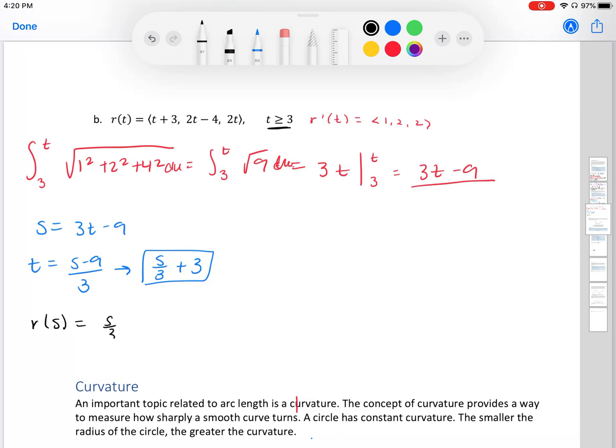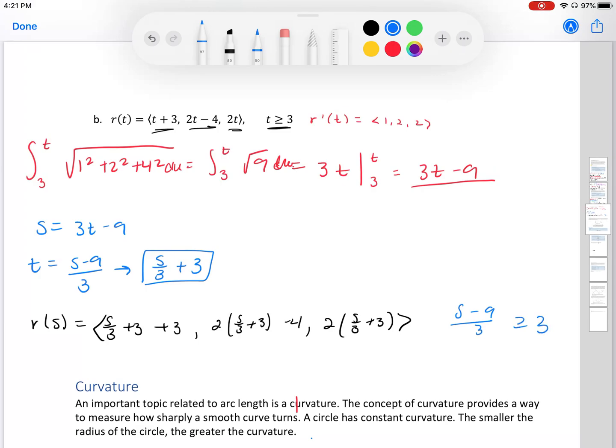So I have s over 3 plus 3 plus 3, then 2 times s over 3 plus 3 minus 4, and then next we have 2t, so we have 2 times s over 3 plus 3. All right. And again, we change our values: when s over 3 plus 3 is greater than 3, and s is greater than 0.